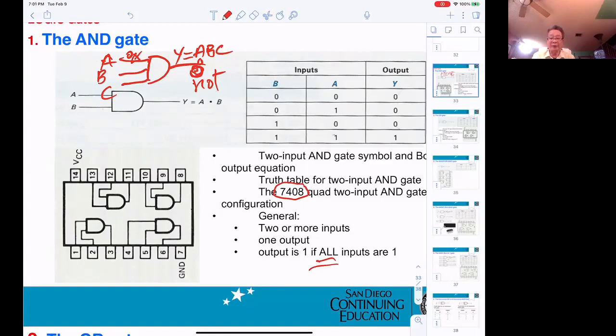Then in order to fix the problem, you say, okay, I go back to A, using the meter to measure A. If I get 0 at A, what can we do? Change the part. Exactly. You can say, this gate is not working.